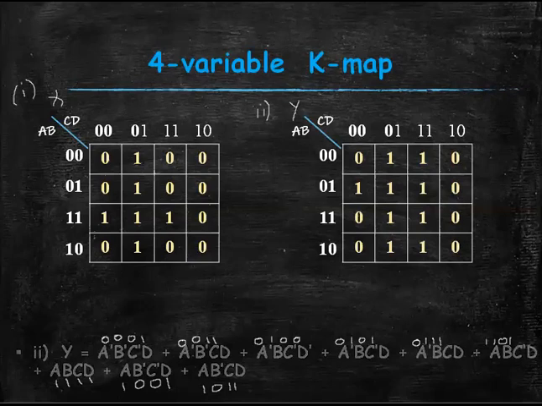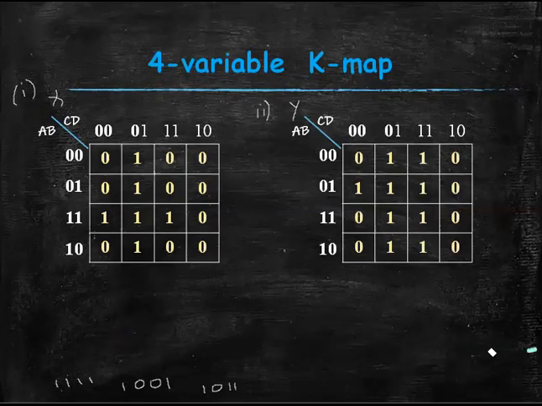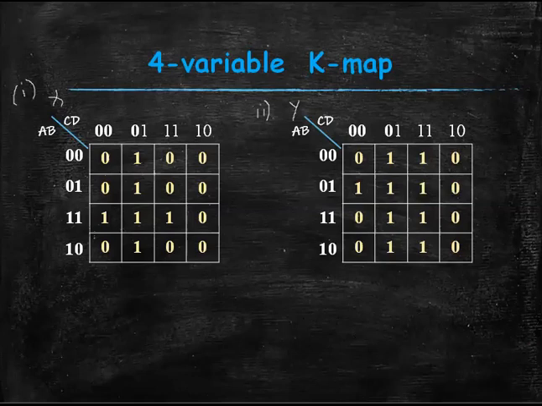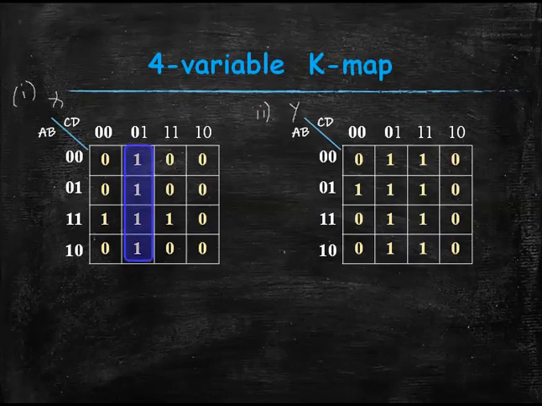Then we are going to obtain a simplified expression for X and Y. First we have to group. There is one quad to pair.